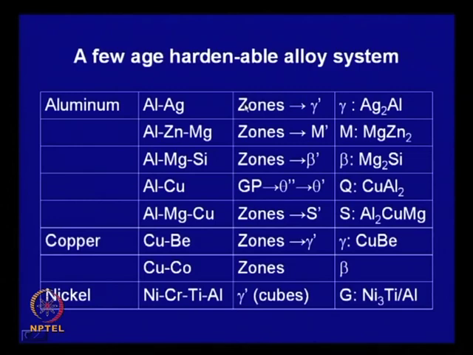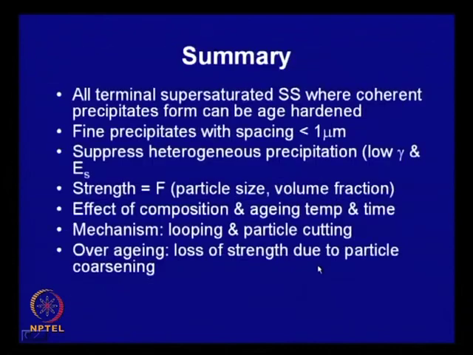It goes through zones, some coherent precipitate, finally incoherent precipitate, and these are listed here: some aluminum base alloys, some common copper base alloys and a nickel base alloy. This list is by no means comprehensive, there are many other alloy systems.